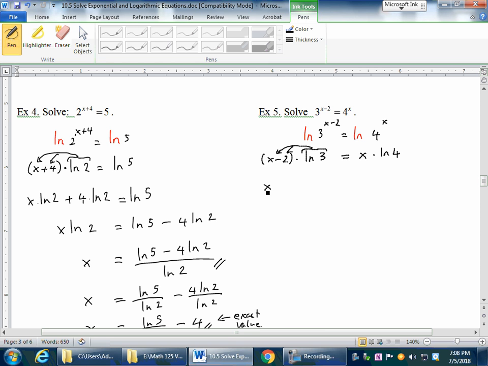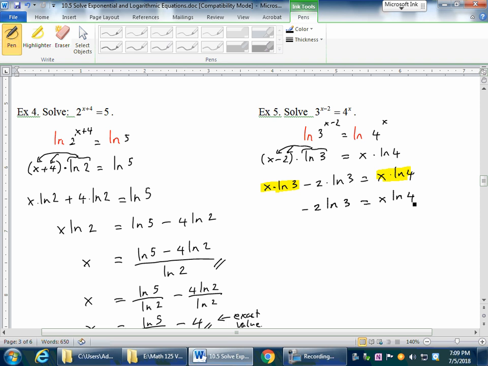That gives me x times ln of 3 minus 2 times ln of 3, that is equal to x times ln of 4. I have x on multiple terms, so that means I'm going to have to move all the terms that have variable x to one side of the equation. So I'm going to subtract x ln of 3 from both sides.